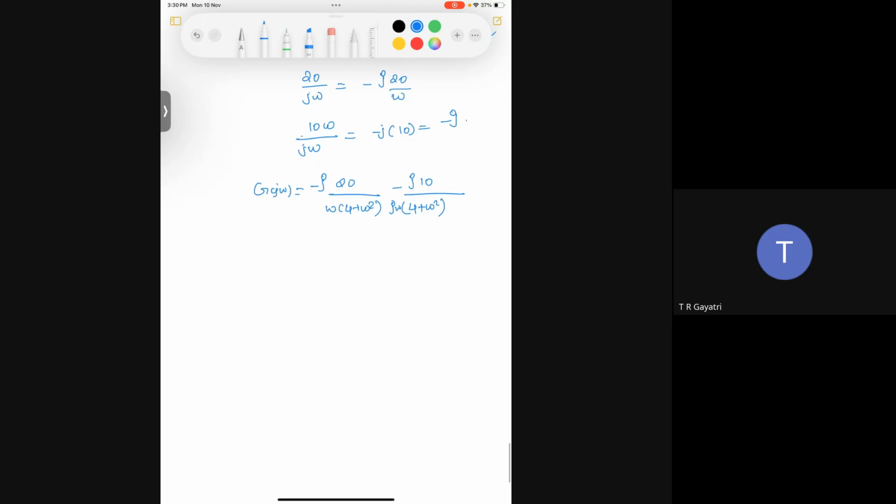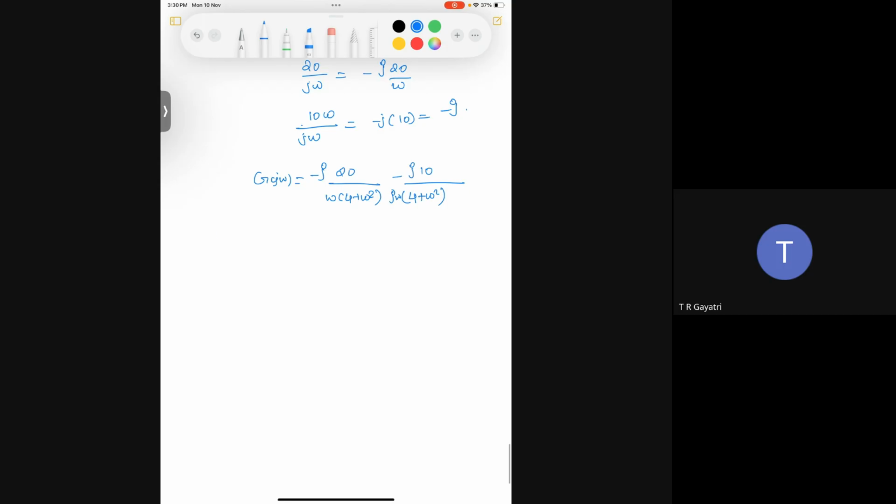Right. Now, you want to see how changing omega will change the Nyquist plot. When omega equal to 0, g of j omega becomes infinity because omega is there in the denominator.